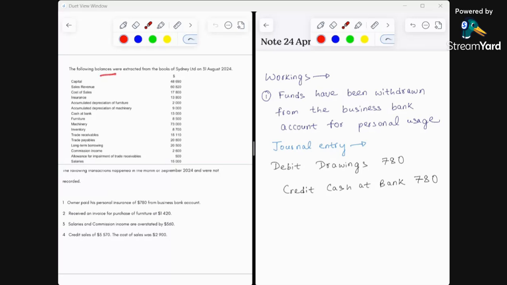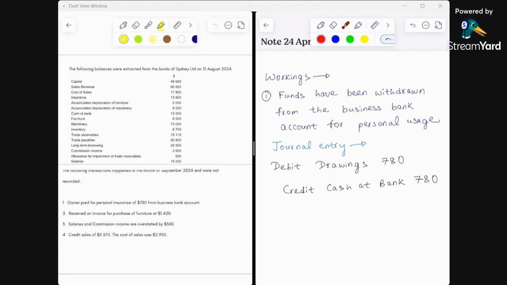The following balances were extracted from the books of Sydney Limited on 31 August 2024. So you can see we are given some balances for various accounts that we have got in our books on 31 August 2024. The following transactions happened in the month of September 2024 and were not recorded.